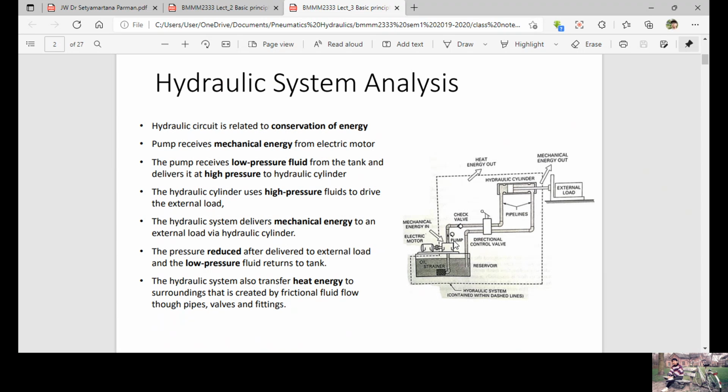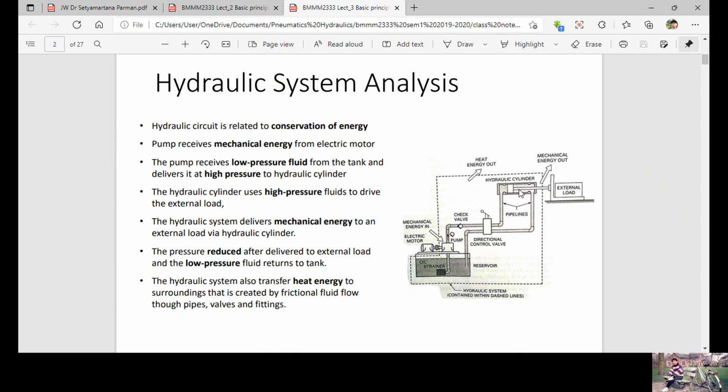The pump receives mechanical energy from the electric motor. And then the pump receives low pressure fluid from the tank and delivers high pressure to the hydraulic cylinder.